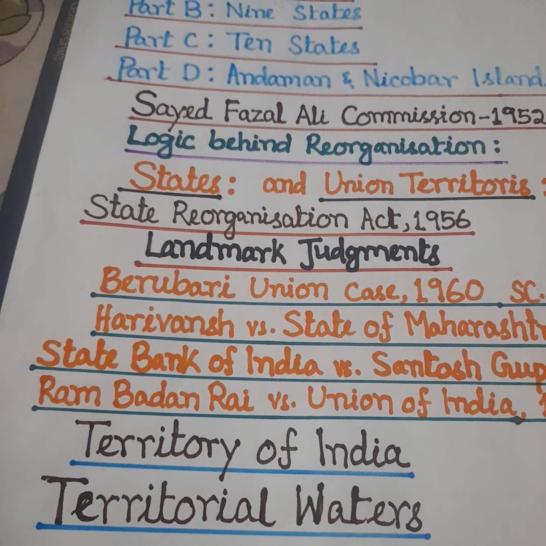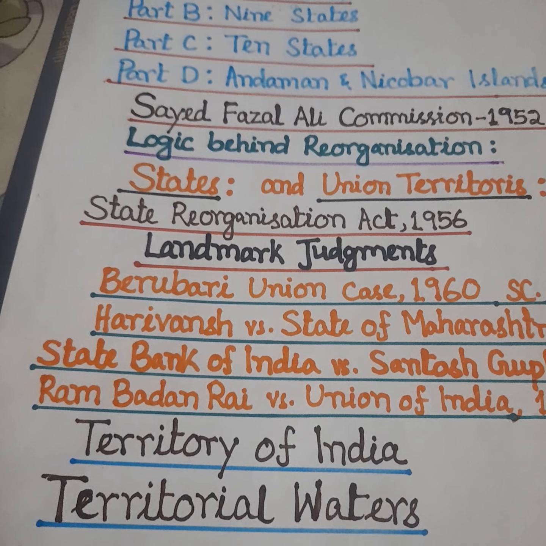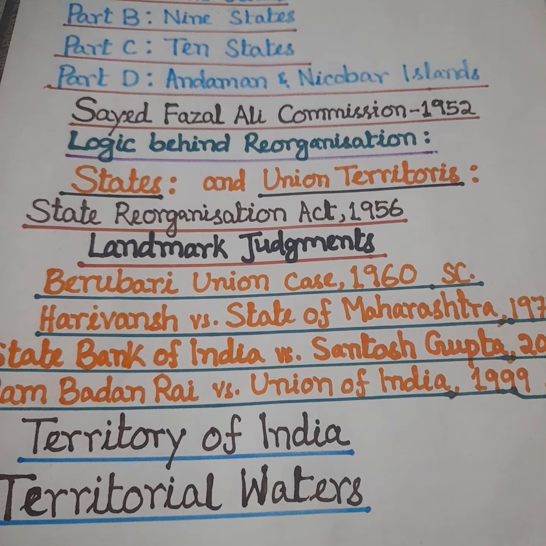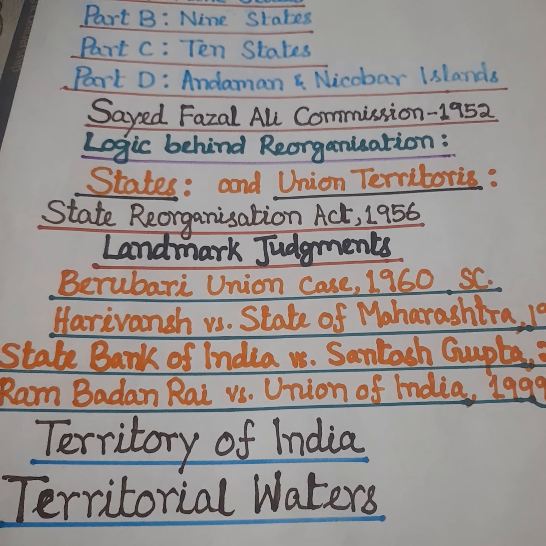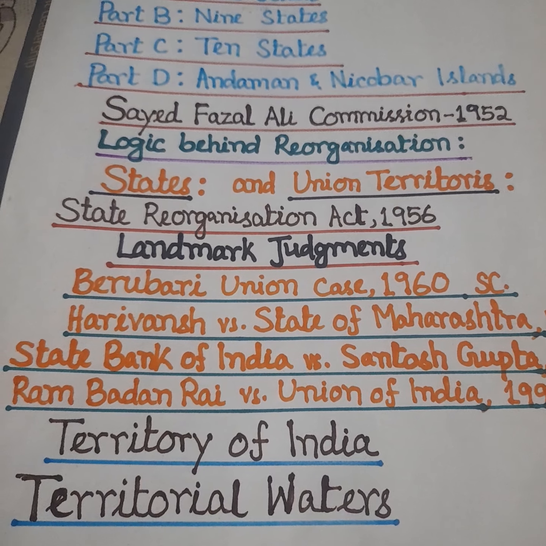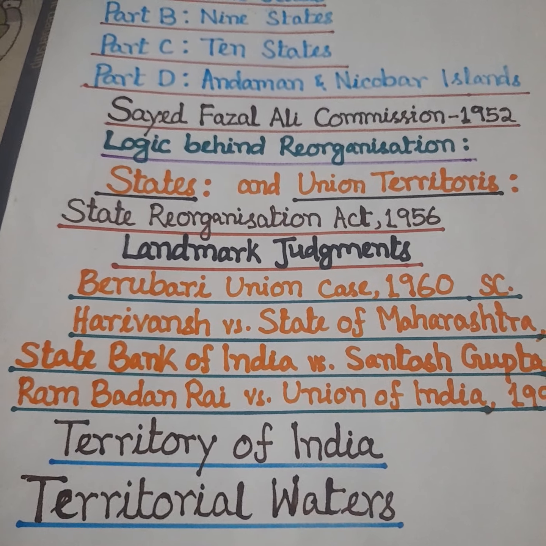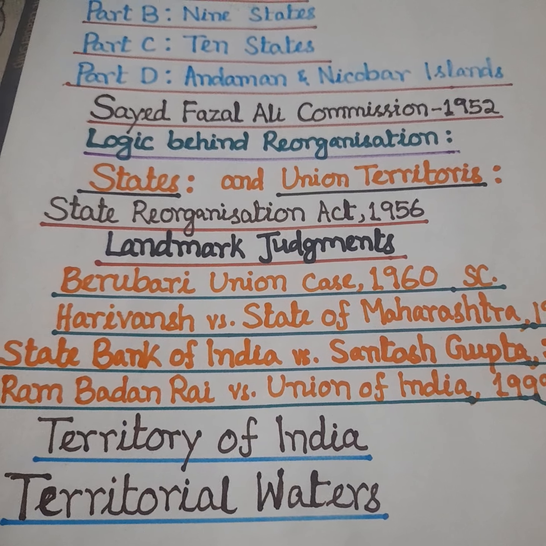Another notification of the Centre dated 15th January 1977 has extended the exclusive economic zone of India up to a distance of 200 nautical miles into the sea from the shore baseline.